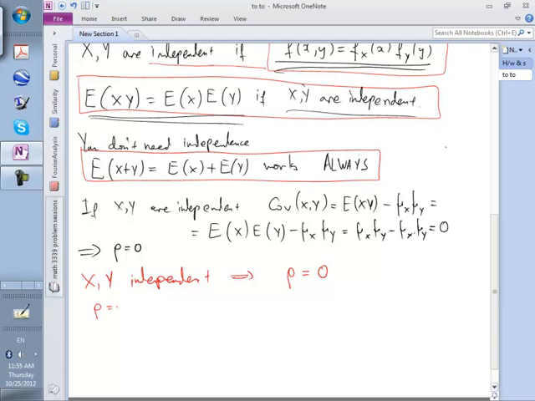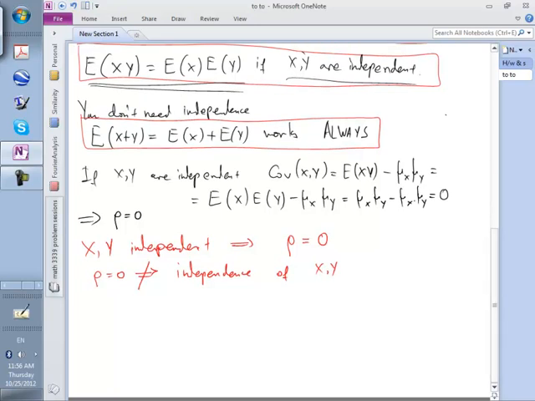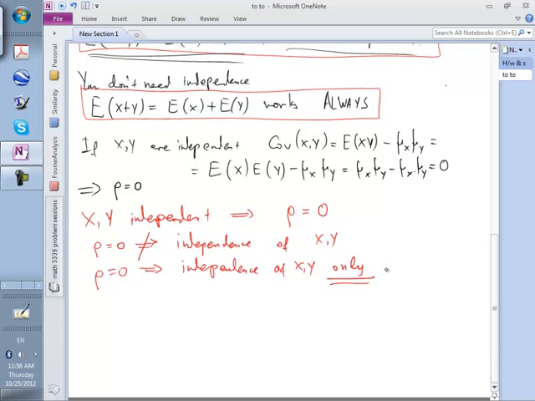The correlation coefficient equal to 0 does not necessarily imply independence of x and y. It does imply independence only when x and y are normally distributed.